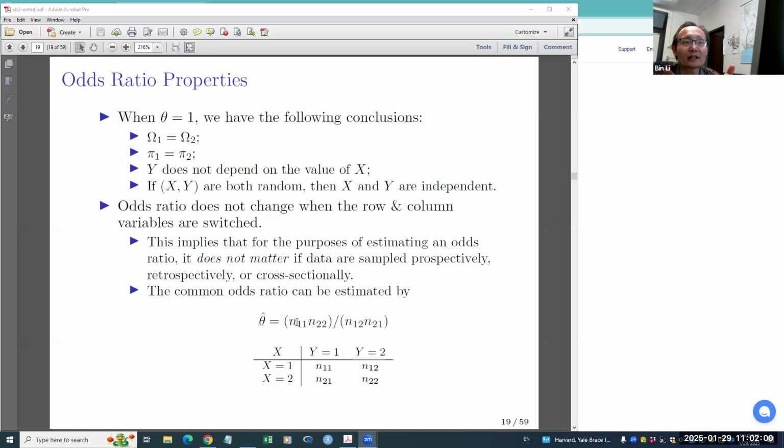We can still use that to estimate the odds ratio, but not necessarily the relative risk. This is the reason why people like to use the odds ratio. It doesn't depend on the sampling design. We can always estimate it, no matter what the sampling design is.